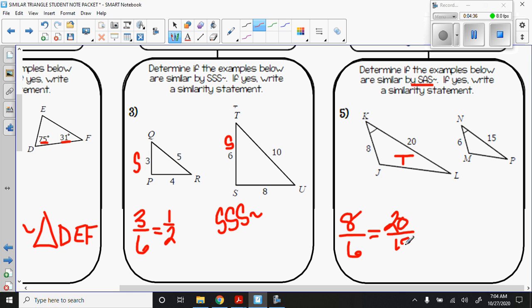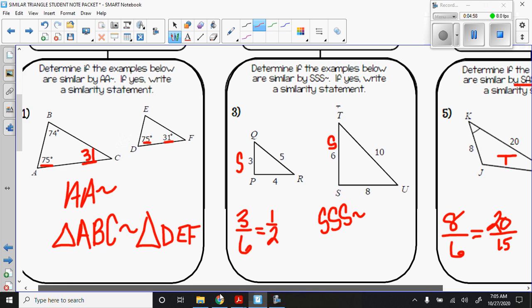And how I do that is I just convert both these to a decimal. So in my calculator, I'm taking 8 divided by 6, and I get 1.3 repeated. And then 20 divided by 15 is 1.3 repeated. So since those proportions are the same, I can say it's similar by SAS.